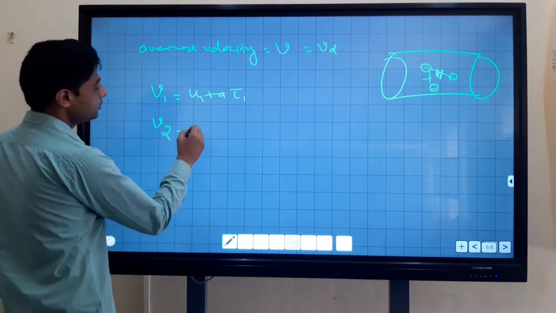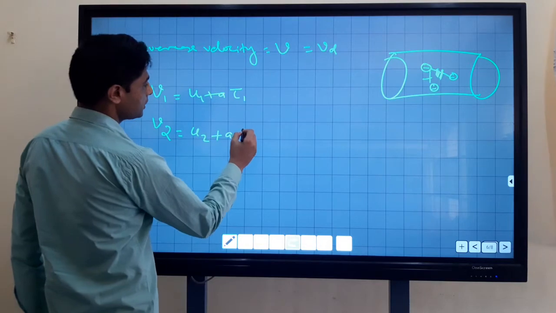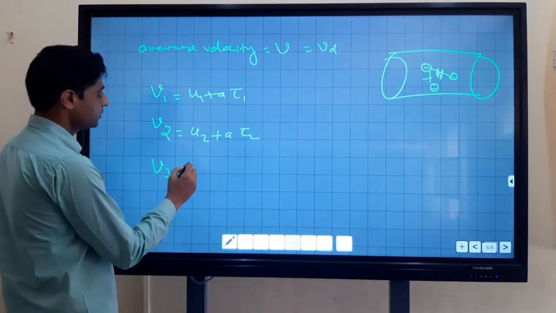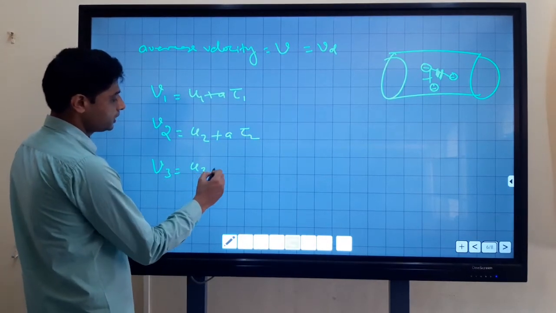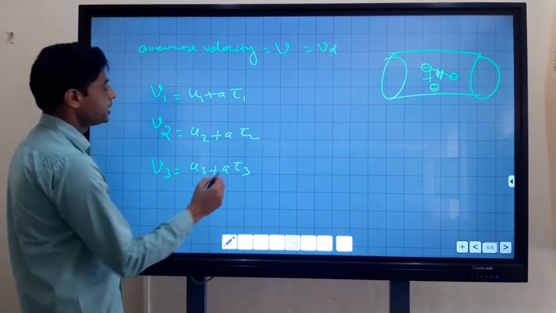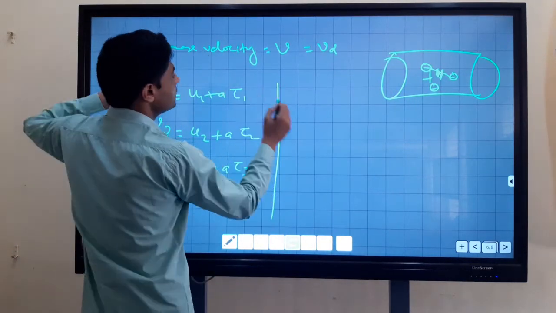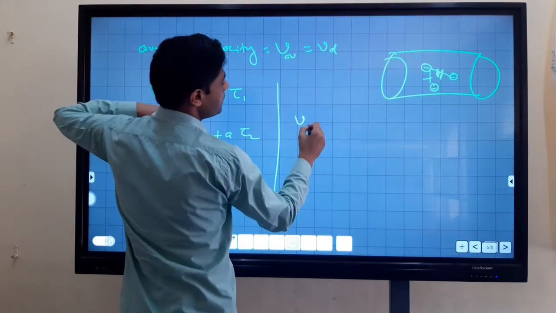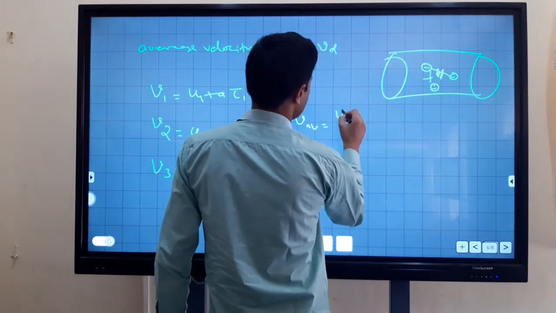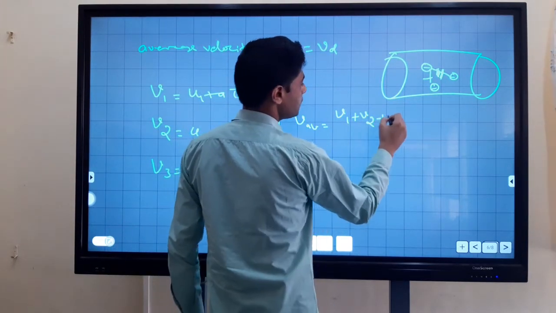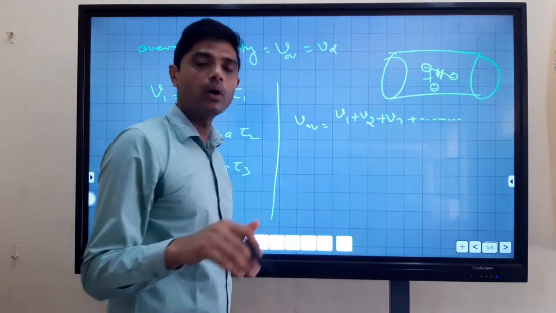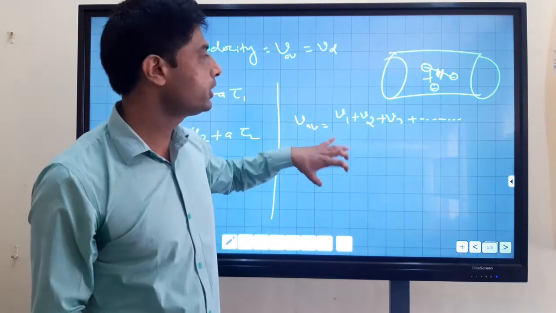So V1 equals U1 plus a tau1 is the value for the first free electron, V2 equals U2 plus a tau2, and V3 equals U3 plus a tau3. It means the average velocity V average equals (V1 plus V2 plus V3 plus up to Vn) upon n, where n is the number of free electrons per unit volume.